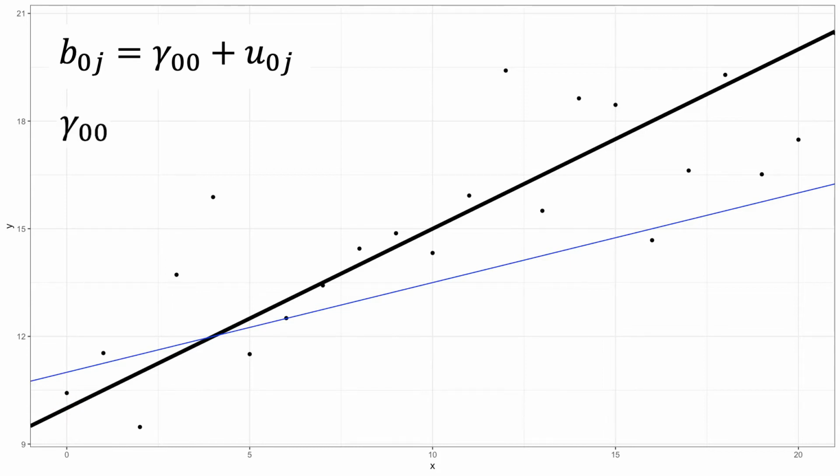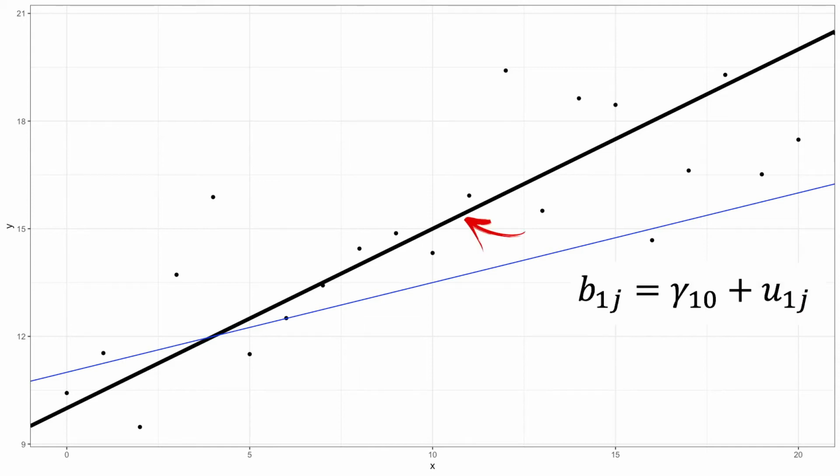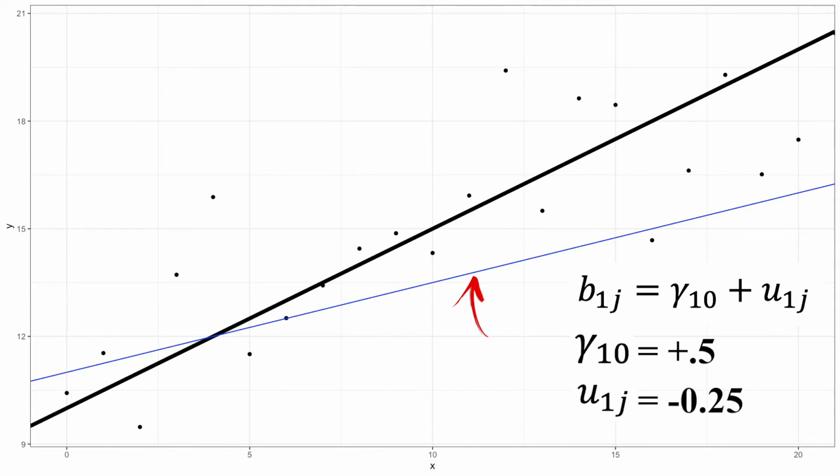Then gamma 0, 0 is going to be 10, and U0j for this particular group is going to be plus 1. And let's say this slope here is 0.5, and this group has a weaker slope, so it's going to be a negative number, and let's say that its slope, instead of being 0.5, is 0.25, so its value of U1j is going to be negative 0.25.